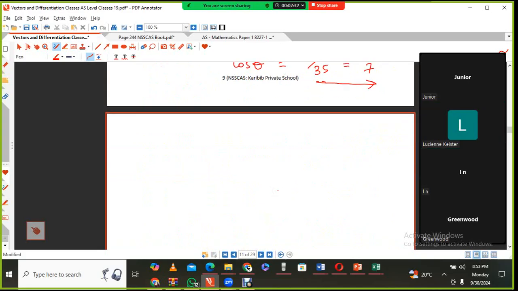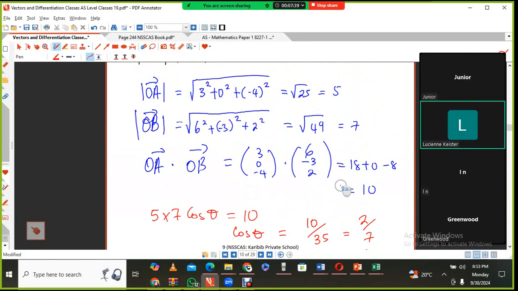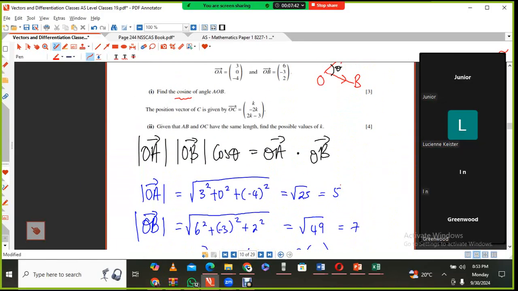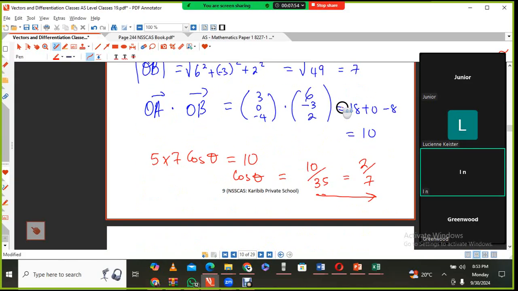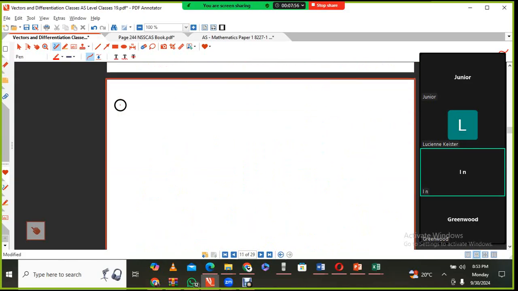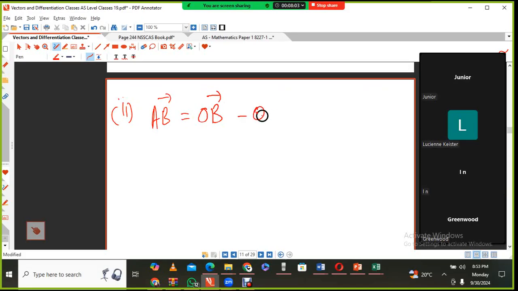Okay. Someone was coughing. Then Roman 2 says, given AB and OC have the same length, do we have the length of AB? No. So how will you calculate AB again? Position vector of the second minus the first.